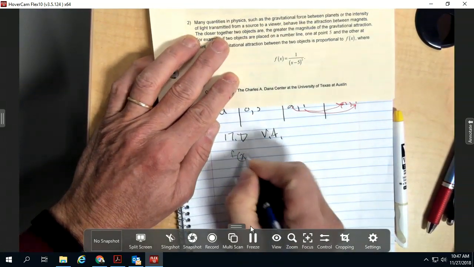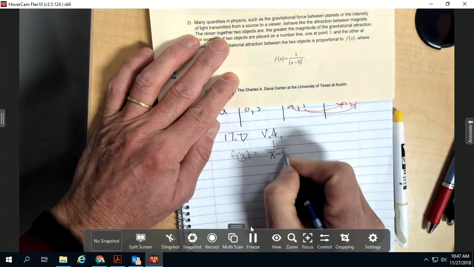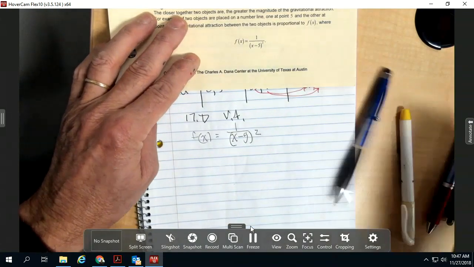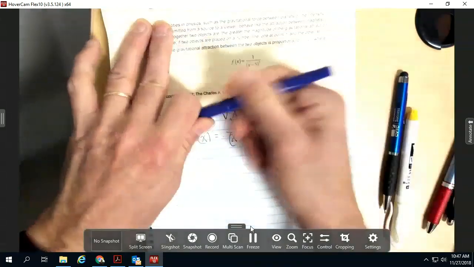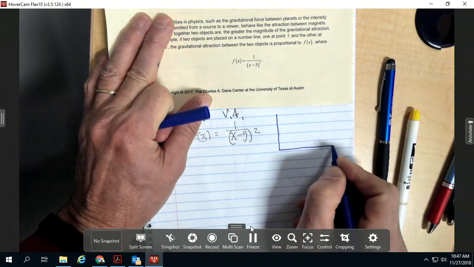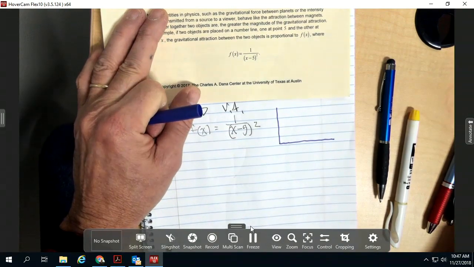F of x equals 1 over x minus 5 squared. When we see this, how do you know it's an asymptote, not a hole?